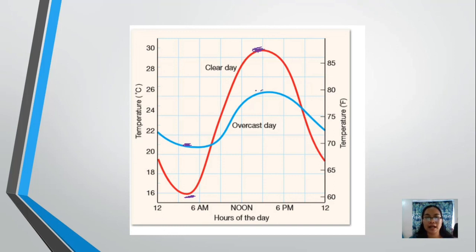Kapag overcast naman, lower. And then at nighttime, looking at this, the temperature here will be lower compared kapag overcast. So you observe, kapag cloudy, but it's nighttime and it's cloudy, you can see the stars above.